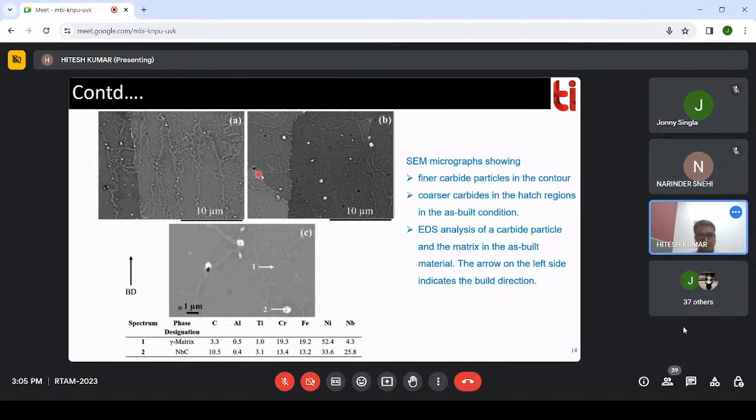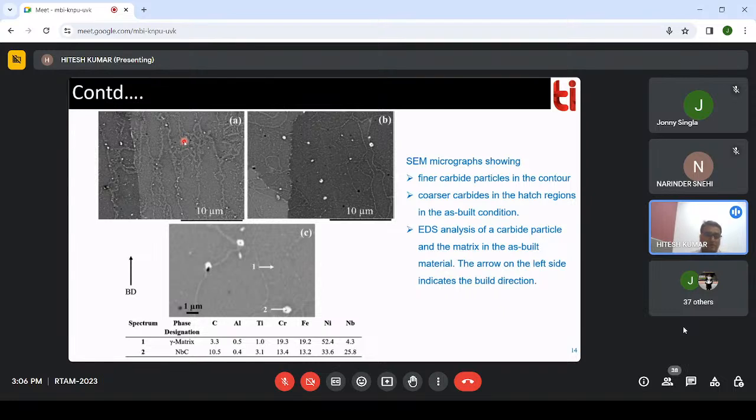First, with the help of scanning electron microscopy again, we observe there are different shapes and sizes of precipitates present. So what are those precipitates? To confirm those phases, we did some elemental analysis on those precipitates.